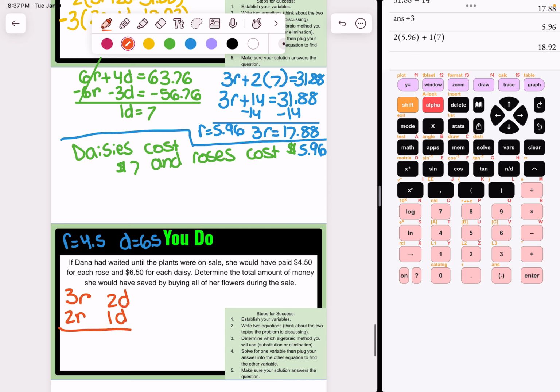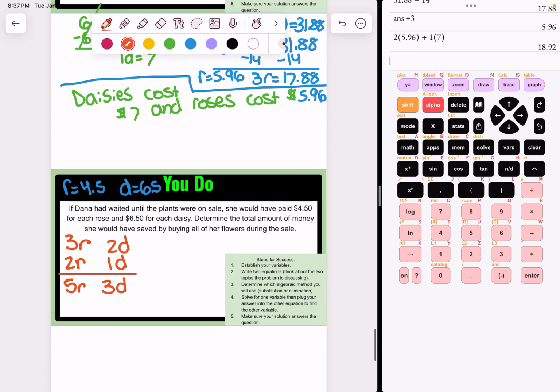So in total, she bought 5 roses and 3 daisies. Okay. If the 5 roses were $4.50 each, and the 3 daisies were $6.50 each, let's see how much money that was.